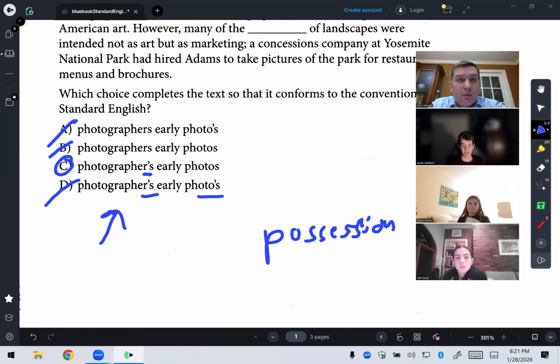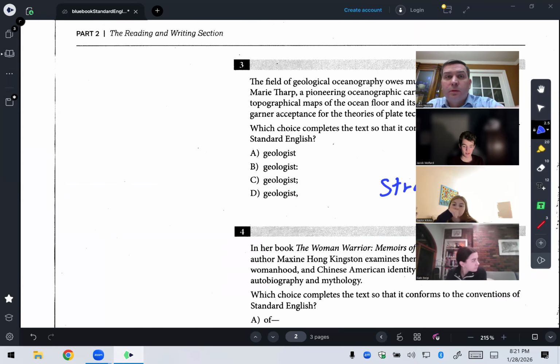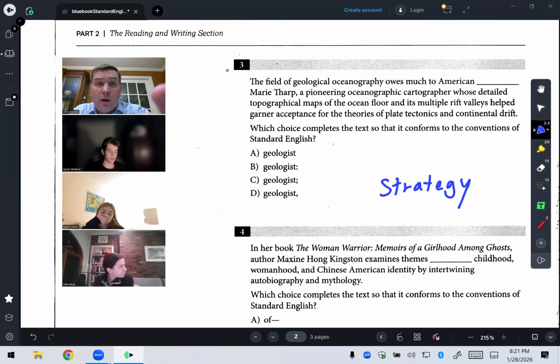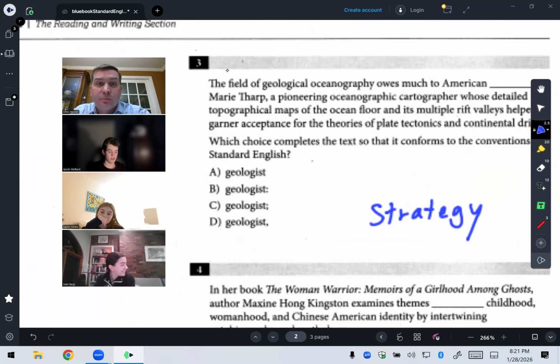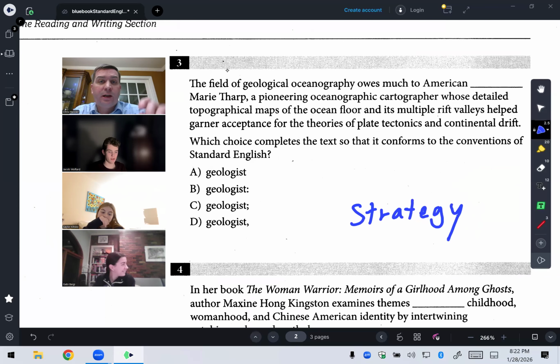All right, number 3. I'm gonna go quickly. Oh, I have a strategy for this type of question. I'm going to read it first, and then I'm going to give you the strategy. The field of geological oceanography owes much to American Marie Tharp, a pioneering. Sorry. Did I just skip something? Yeah, I skipped a word. I'm gonna read the blank with a word in there.